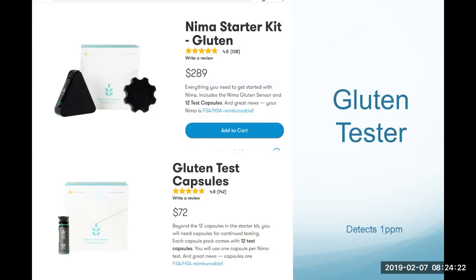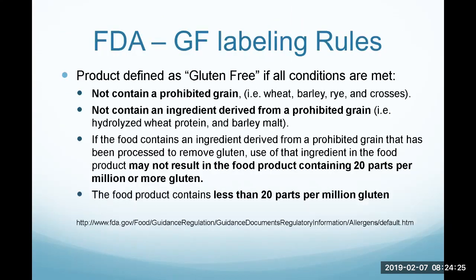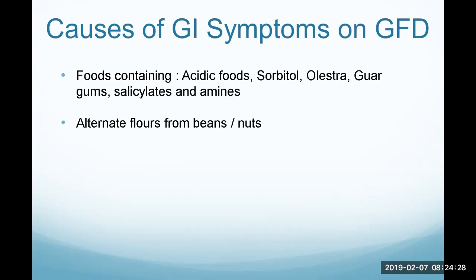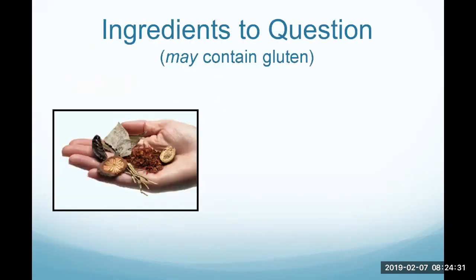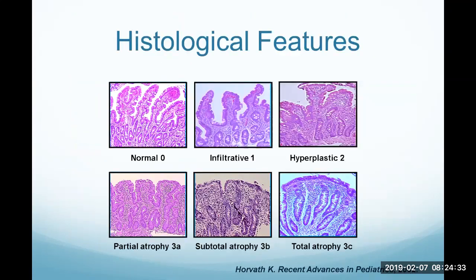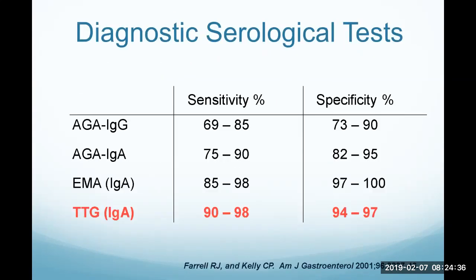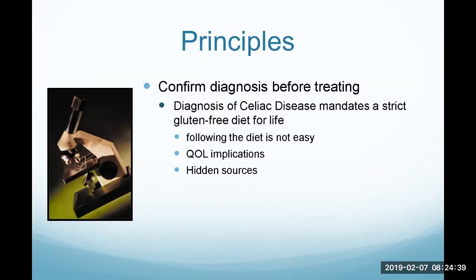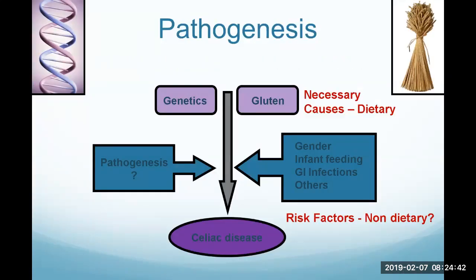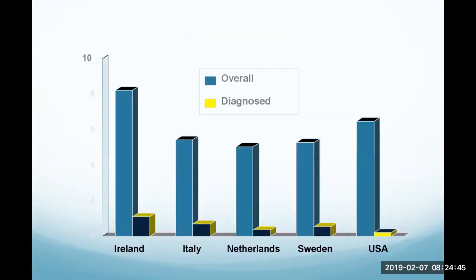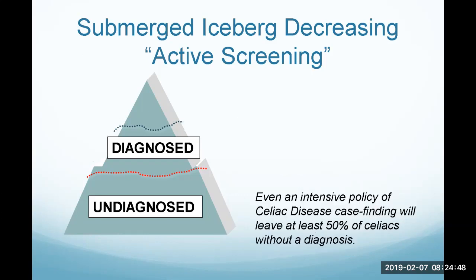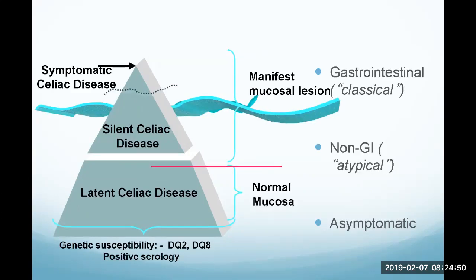It shows the portion of the iceberg just below the tip. They'll probably fall under silent celiac disease, which is the group of high-risk patients. Uncommonly, they may be in latent celiac disease, and then it's just a wait-and-watch game.